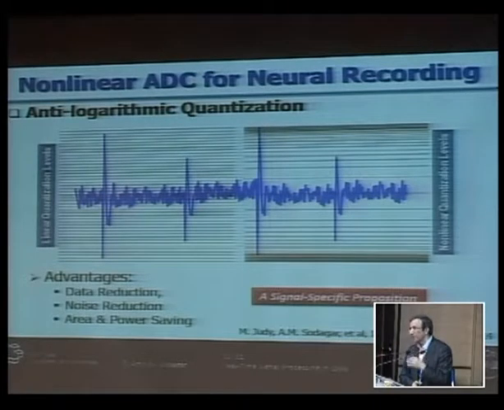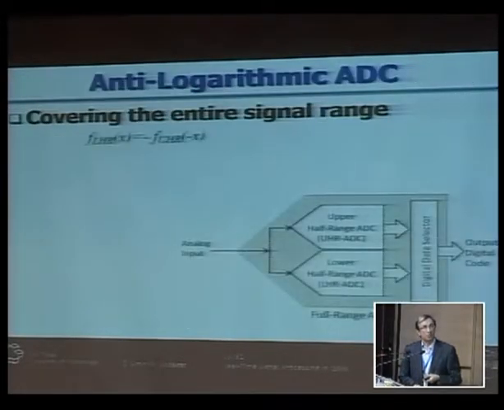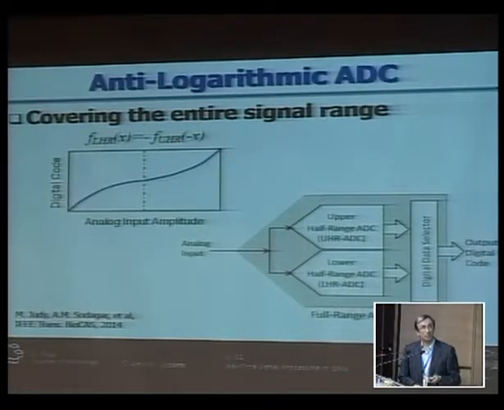So a signal-specific approach. And as I said, this approach is being embedded inside an ADC that is regularly used in biomedical implants to digitize the signal. So the ADC does both digitization and compression. We need two half-range ADCs.